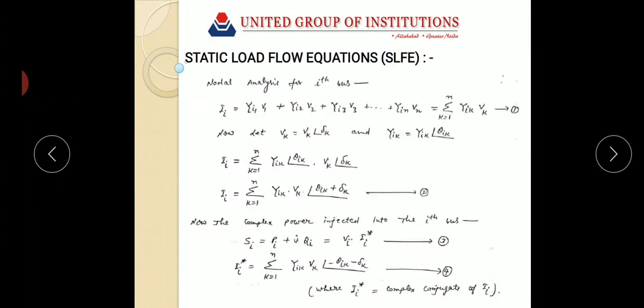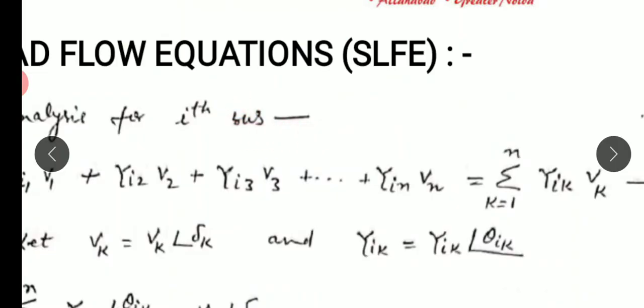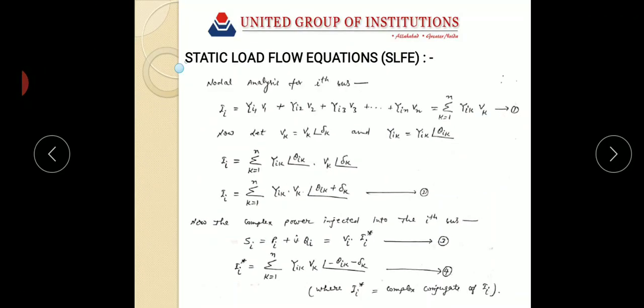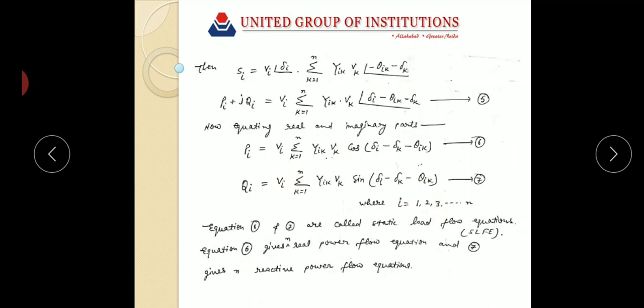Before the Newton-Raphson method, let us briefly review the static load flow equations. If we do a nodal analysis for the ith bus, then this is given by equation number 1. After nodal analysis, if we check the complex power injected to the ith bus, then we have these two equations, equation number 6 and equation number 7.